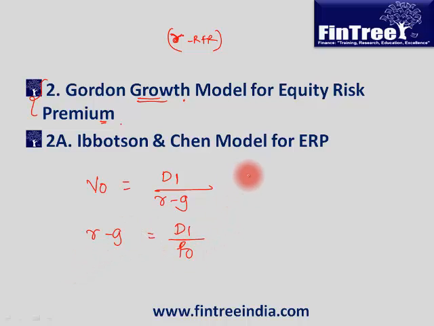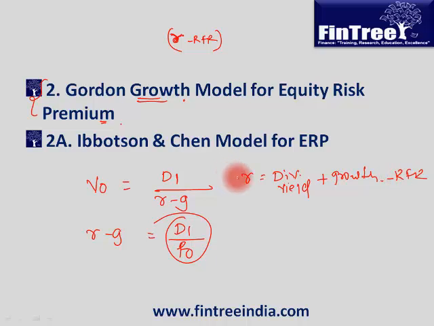So I can say R is equal to dividend yield plus growth, as G would shift here. But we do not want R. What we want is equity risk premium, which is R minus RFR. So minus RFR would give us the equity risk premium as per Gordon growth model.